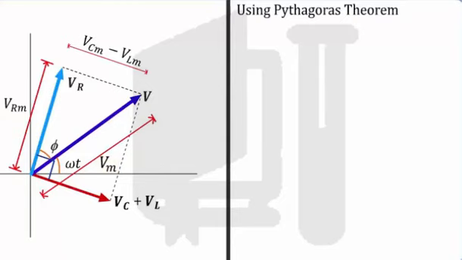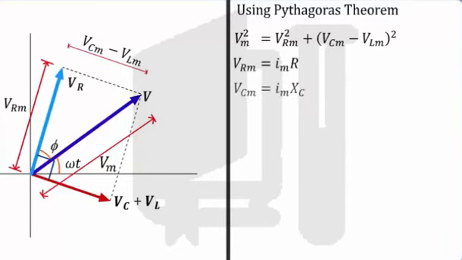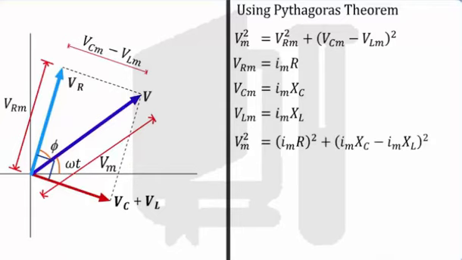Substituting the values, we see that Vm square is equal to VRm square plus (VCm minus VLm) square. Using the values of VRm, VCm, and VLm, we get Vm square is equal to (Im R) square plus (Im XC minus Im XL) square.